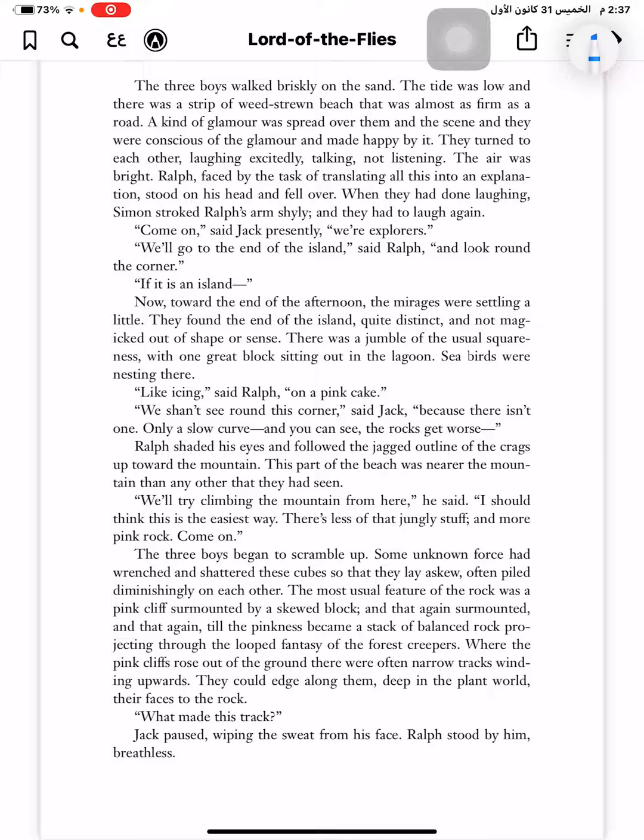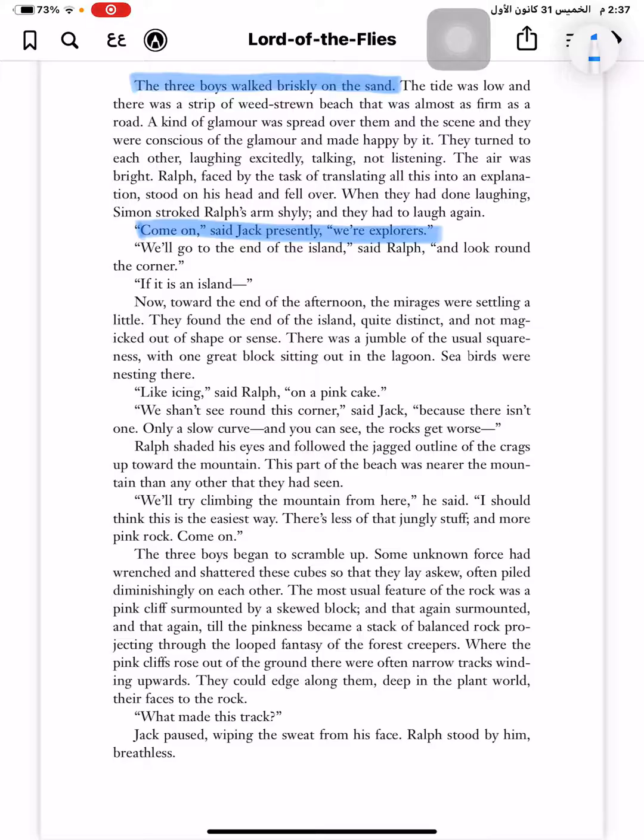Now, when the three boys are trying to explore the island, we find that Jack is the more powerful, more courageous, eager to find and to play the game of being explorers. "Come on," said Jack presently, "we are explorers."